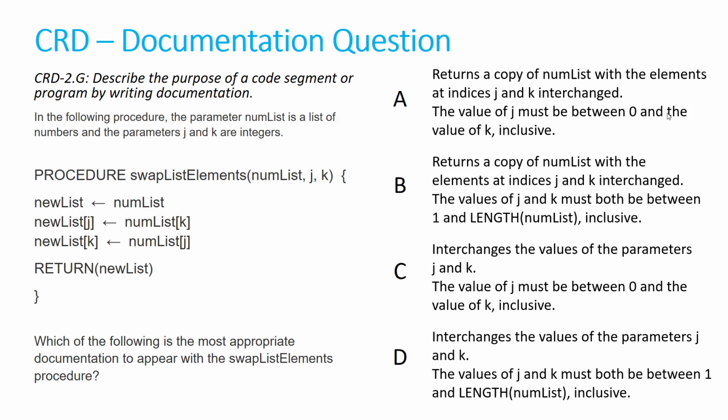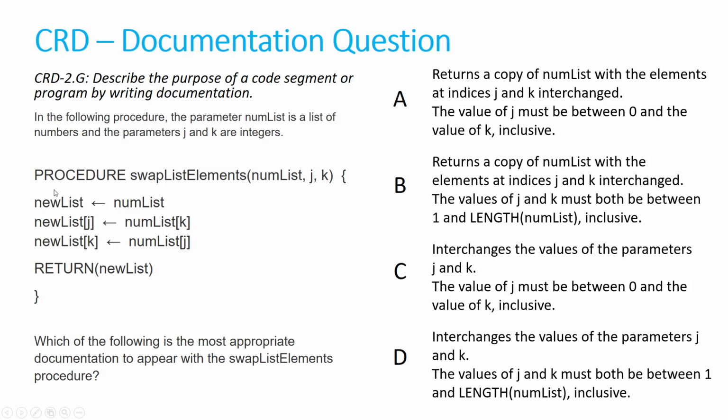If you notice here, you say, well, what is this list doing? Well, we have three variables that were given as input variables. Num list. You can guess that that's a list. Then we have J and K. And you can see that J and K here are used as indexes for that list.